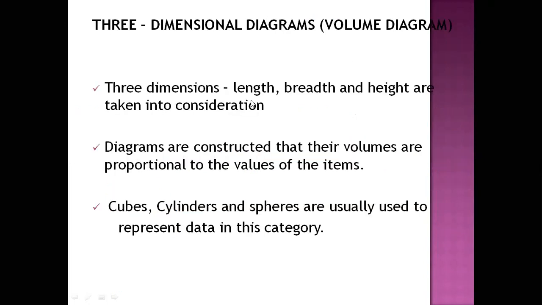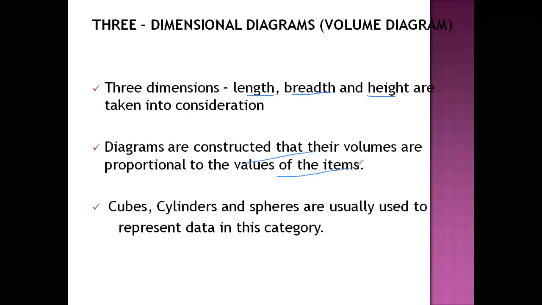Now coming to the introduction of three-dimensional diagrams, they are also known as volume diagrams. Three dimensions, that is length, breadth and height, are taken into consideration for constructing three-dimensional diagrams. Diagrams are constructed so that their volumes are proportional to the values of the items. What is the meaning of this?